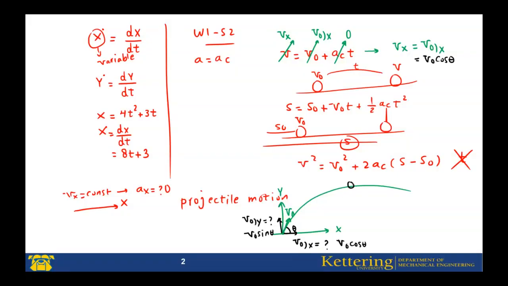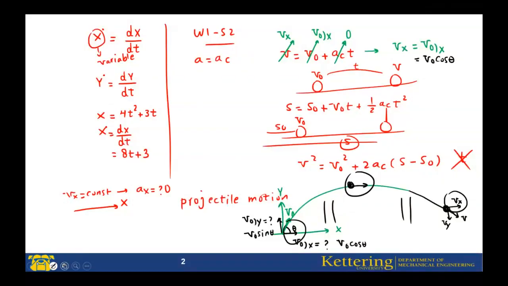If I ask you at this position how much is the velocity along x, this is the velocity direction, then this one is the velocity component along x and this one is the component along y. This and this are always equal.